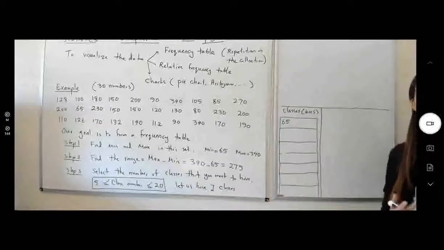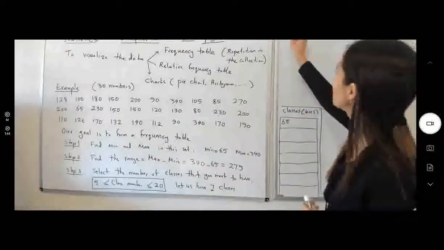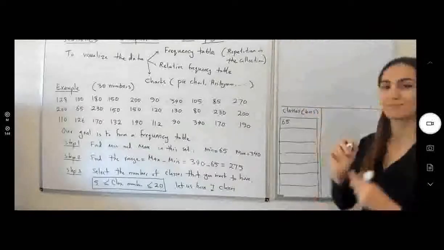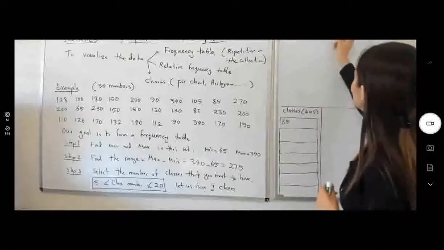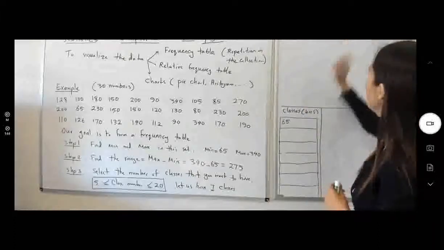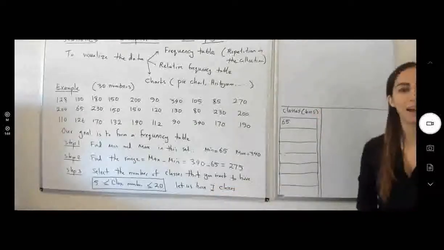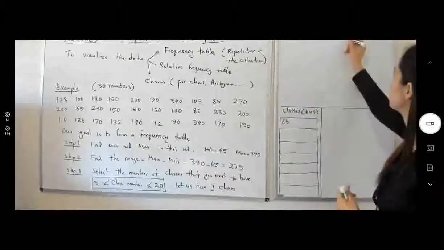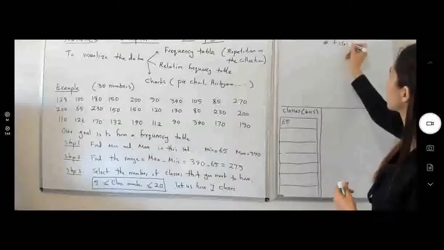To find the lower limit for each class, we're going to do a little bit of algebra. In step 4, you take your range and divide it by the number of classes that you want to have in this example.